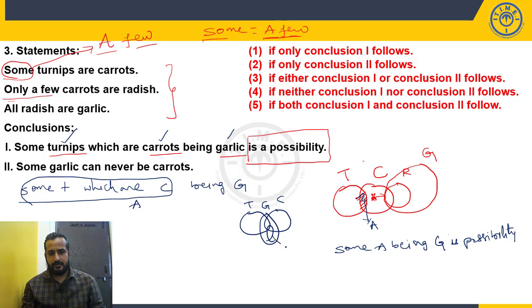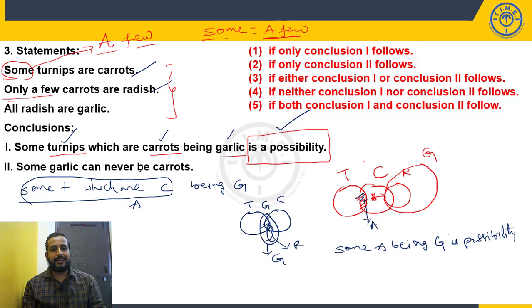No. This is R and this is G. If you want to cross check your statements, some T are carrot, yes, still some T are carrot. Only a few carrots are radish, yes, only this part of the carrots are radish. All radish are garlic, yes, all radish are within garlic. So what I am able to prove here, some T which are C being G is a possibility. Is it possible? Yes, possible. So the first conclusion is true.